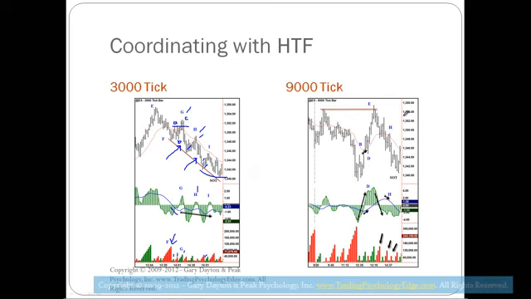On the higher time frame, we can certainly see the market starting to roll over, and we certainly can see the ease of movement coming down. And also the volume, although it's diminishing, it's still head and shoulders above the demand volume. Okay, so again, coordinate this. Start putting together the two time frames, and you'll begin to see things more clearly, especially if you're going to use these indicators.